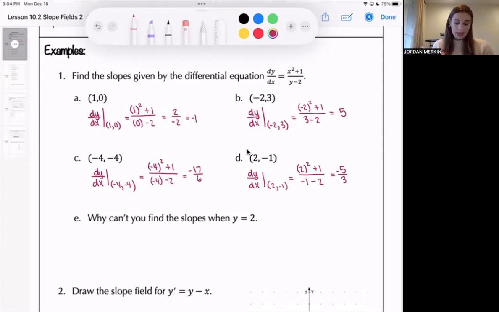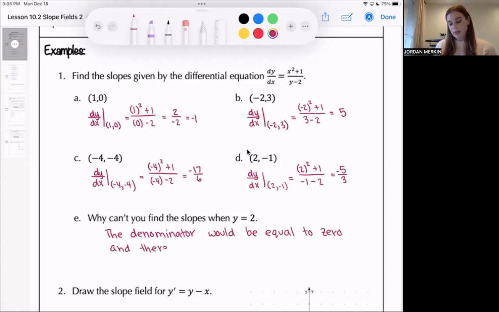So you can't find the slopes because the denominator would be equal to 0, and therefore the slopes would be undefined.